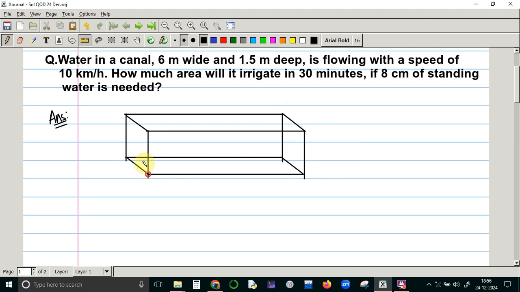So we have to assume that it's a perfect cuboidal in shape.